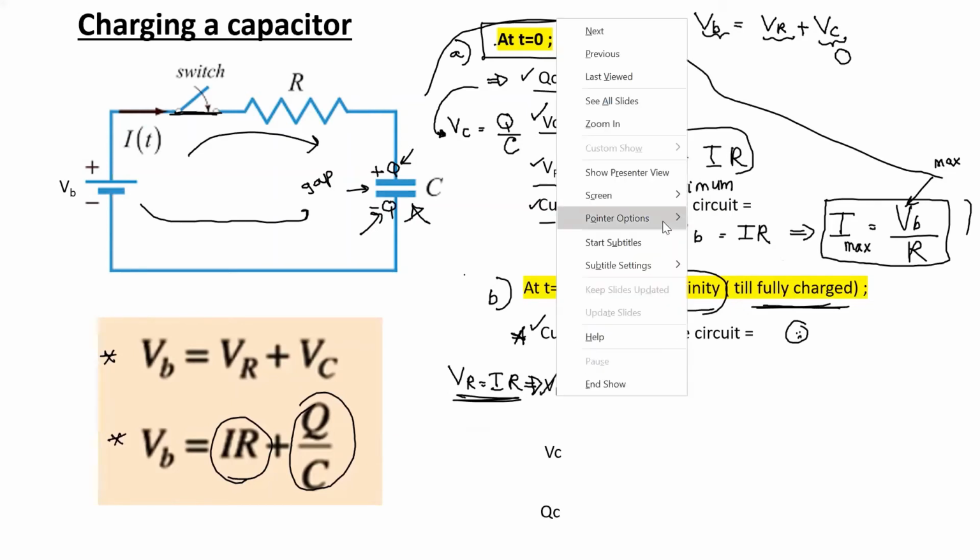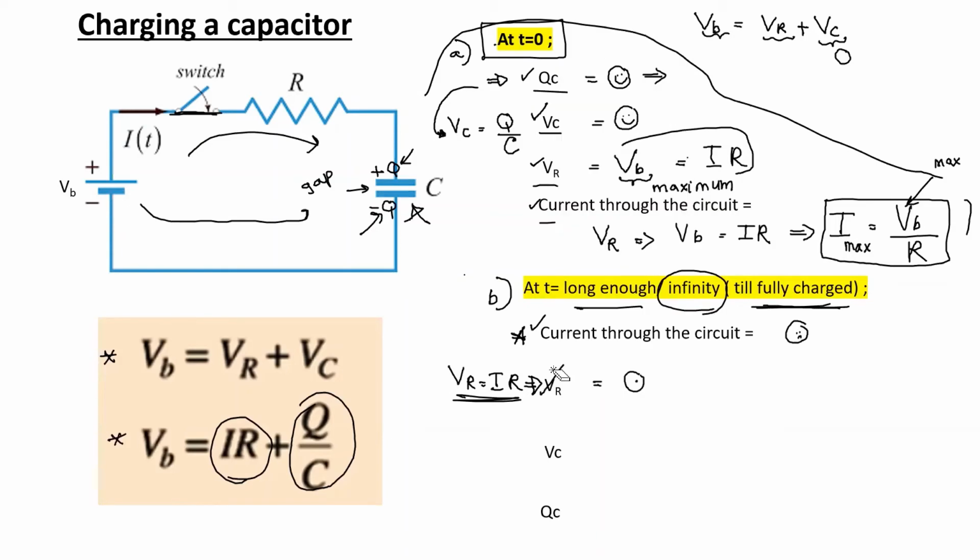Why do I keep cutting things today? Okay. Now can you tell me this one? What is the voltage through your capacitor? So I'm getting the answer, very good. So it is VB. So we can use this equation, right?